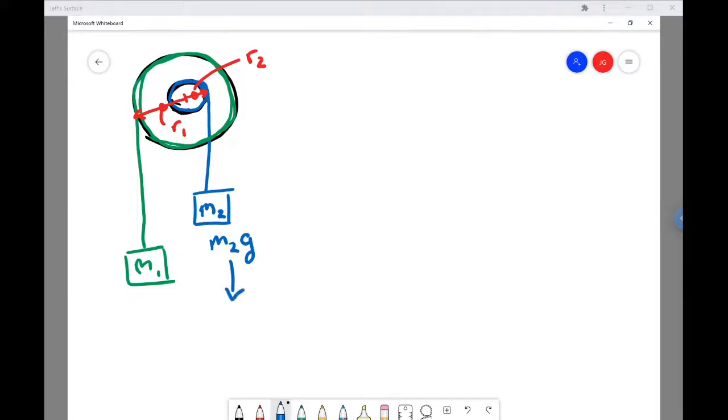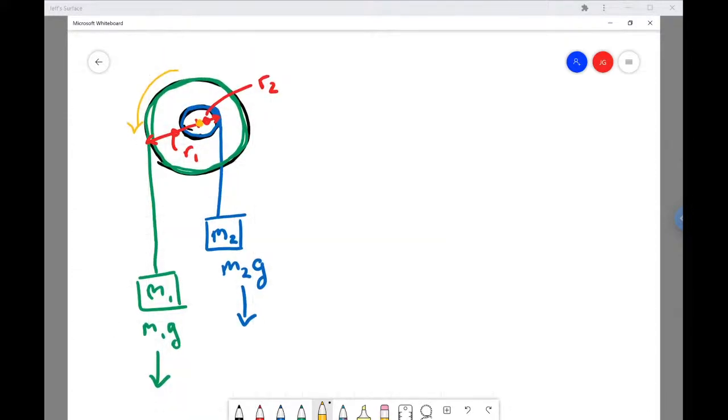So these are forces that are pulling down on the system. Mass 1 is exerting a force at a distance equal to R1 away from the axis of rotation here in the middle. Here's the axis of rotation. And that's going to generate a torque that has a counterclockwise sense. It's going to tend to want to make this wheel rotate counterclockwise.